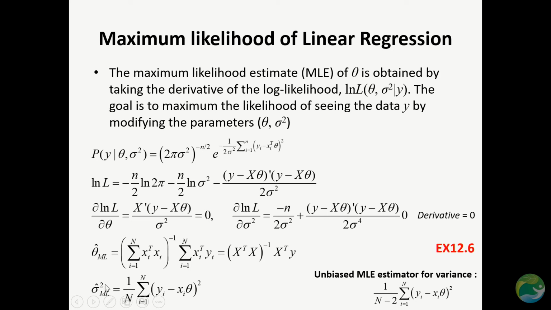We can have the maximum likelihood estimate value for sigma square, which is called sigma hat square ML, equal to this equation. These two equations are obtained simply by taking the first order derivative, setting it to 0, and solving for the parameter values theta and sigma.